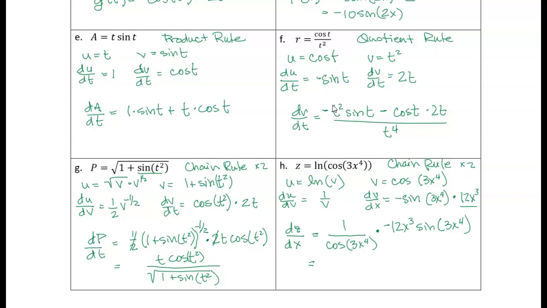So I could write this as negative 12x cubed, and then sine over cosine is tangent, so I would have tangent of 3x to the fourth. Okay, again, that's not necessary in this particular case, but I just kind of like that. Makes it look much nicer, right? Doesn't that look pretty?